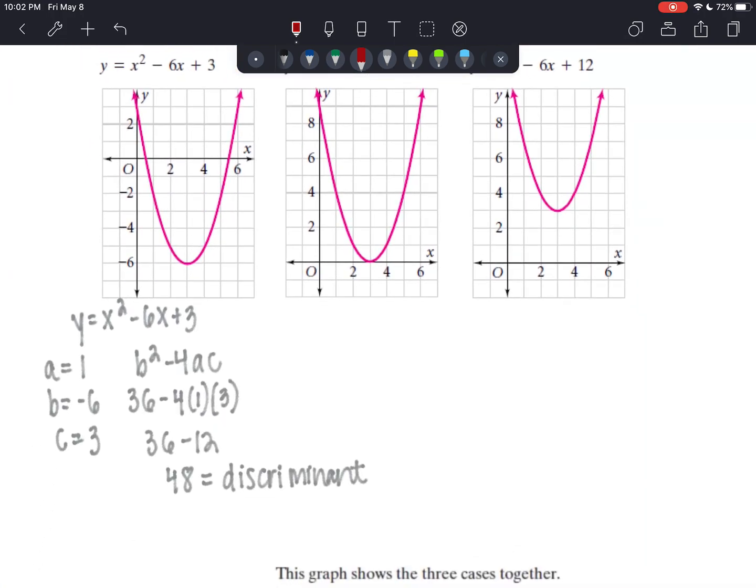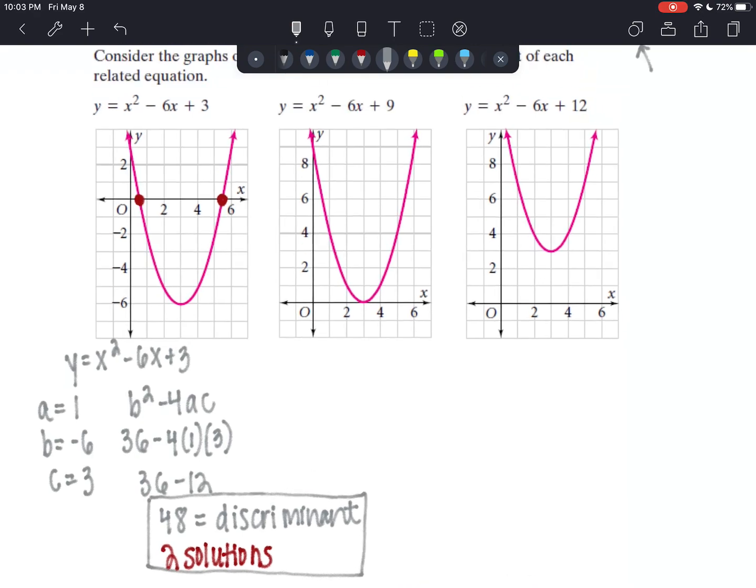So the discriminant is positive, and we have 2 solutions. You're going to see a pattern here, and then something different on the next one.